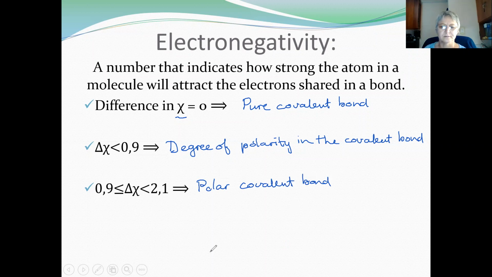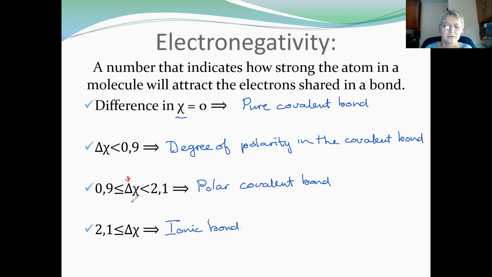And the last one is if the difference in electronegativity is 2.1 and greater, then you will have an ionic bond. Sorry, I have not explained this triangle.